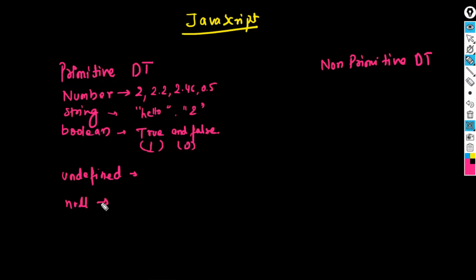You have deliberately left the value blank. With undefined, you don't want to define the value. With null, you have defined it, but you have left the value blank. Then we have symbol, which we are not using, and BigInt, a very big number.